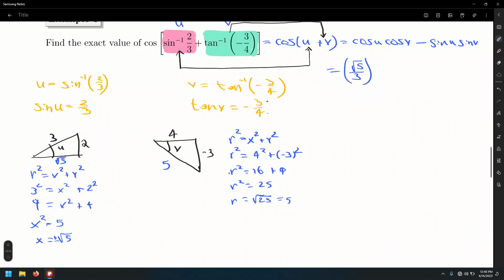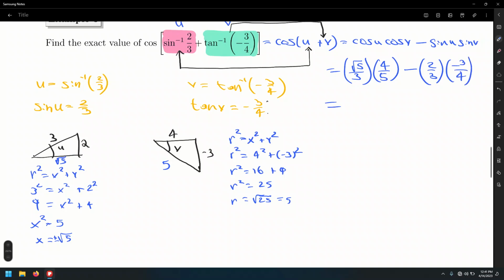And cosine of v, let's go with the v setting, which is also adjacent over hypotenuse, that is 4 over 5. And then minus sine of u, let's go back to the u triangle. Sine is 2 over 3, which is actually a given quantity. That's 2/3 times sine v. Let's go back to the v triangle, and sine is negative 3 over 5.